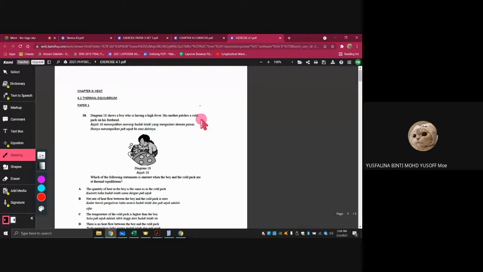Then the rate of heat transfer between the body and the thermometer is the same, the temperature of the body and the thermometer is the same, and the net rate of heat transfer between them is 0. So that is thermal equilibrium: the process of transfer of heat until it reaches the same temperature. After it reaches the same temperature, we say it has reached thermal equilibrium.